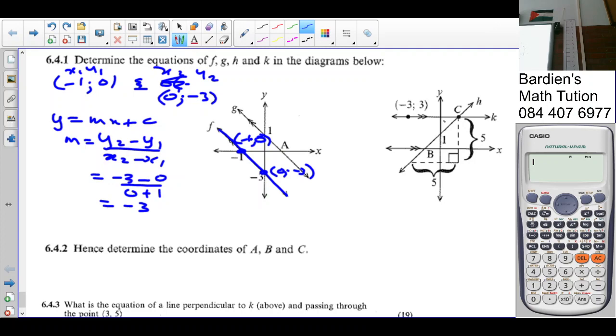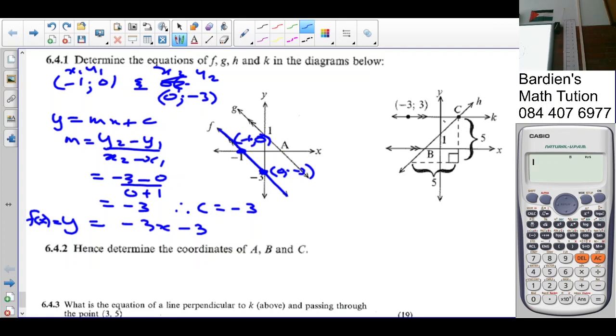Does it make sense? Yes, the graph is going down to the right, it's a decreasing function. Can you see that? And what is your y-intercept here? Negative 3. So your c value is negative 3. So your equation is y is equal to negative 3x minus 3.